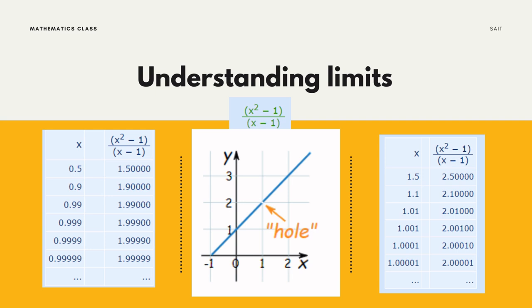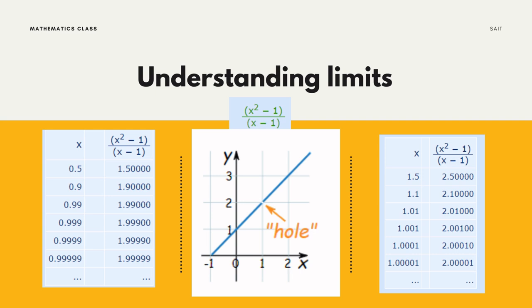I try to get closer and closer: 0.5, 0.9, 0.99, so close to 1 but never actually getting to 1. Then I plug in the x value and find the y value. You can see that as I get closer to 1, the value of y gets so close to 2.